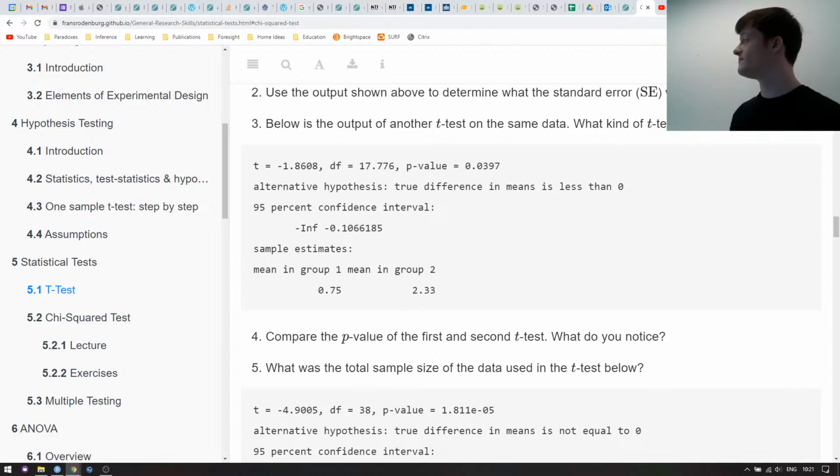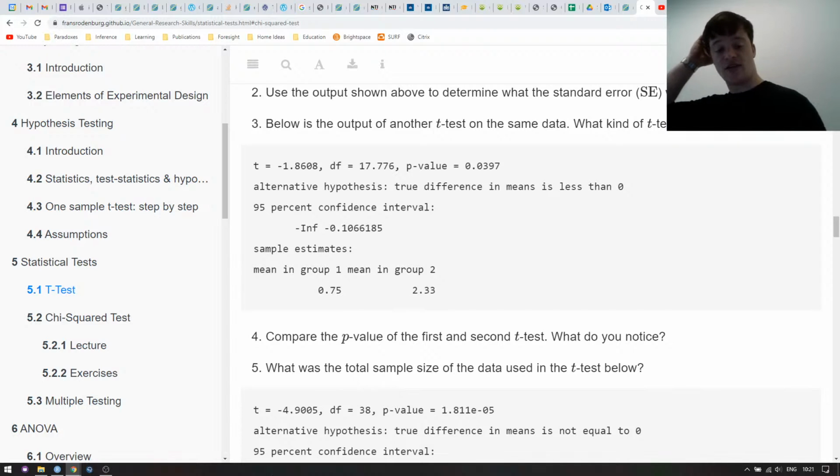Yes? It's one-sided. How can you tell? Because of the infinite confidence interval. Exactly. So this confidence interval says that the difference is at least minus 0.1 millimeter, and it can be anything larger than that in the negative direction. So it only estimated 1 bound.